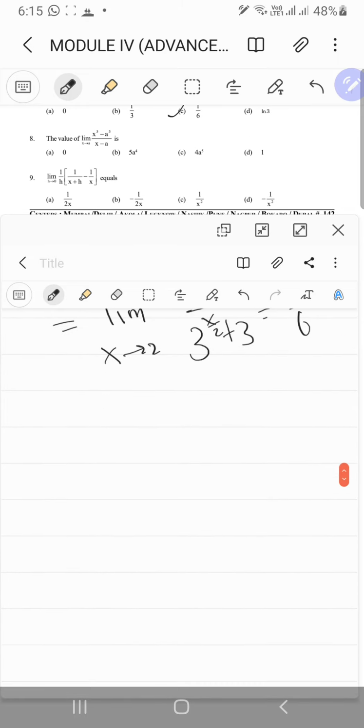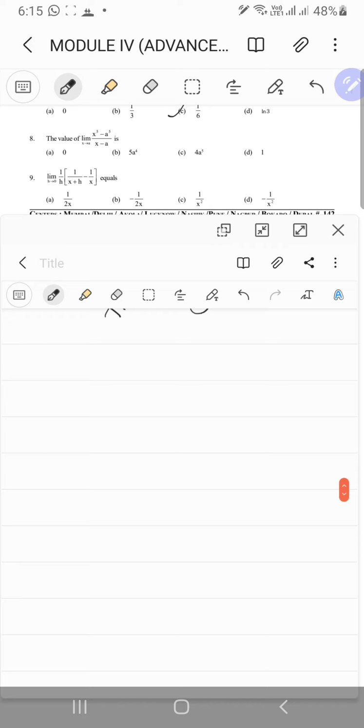The value of limit as x approaches a of (x to the 5 minus a to the 5) upon (x minus a) is. Yeah, this is also doable. So this is just like limit x approaches a of x to the, oh yeah, what is this, x to the 4 times a. Is that like, no, not like that.